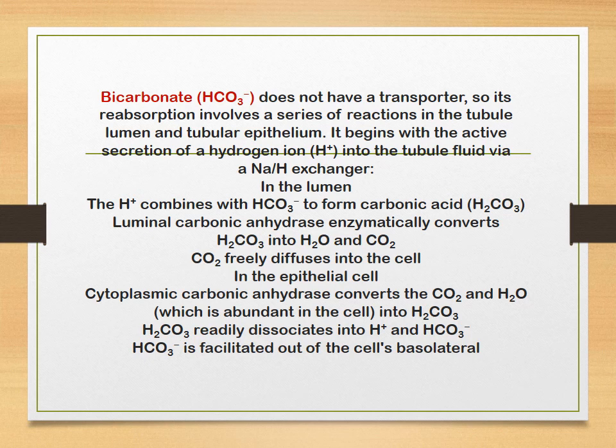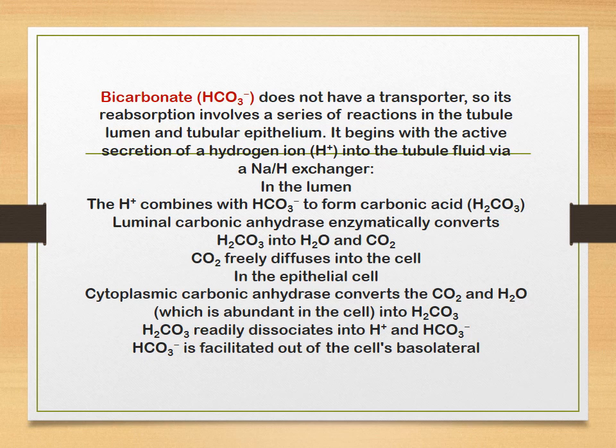Then this binding results in the formation of carbonic acid, H2CO3, in the lumen of the renal tubules, where there is the enzyme carbonic anhydrase that dissociates it into H2O and CO2 gas. CO2 diffuses freely through the membrane into the cytoplasm of the epithelial cell, where cytoplasmic carbonic anhydrase converts it again into H2CO3 that is dissociated into bicarbonate.